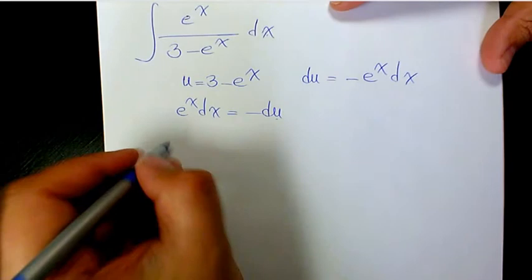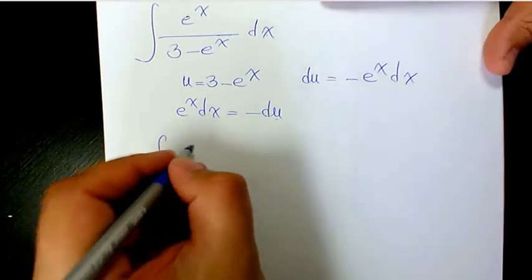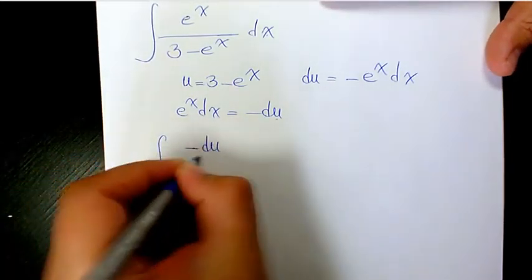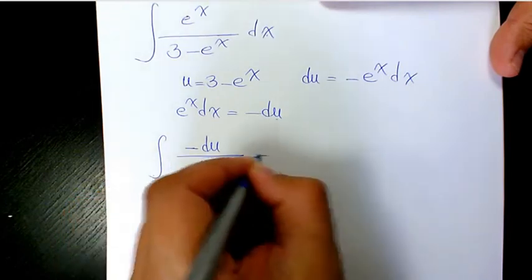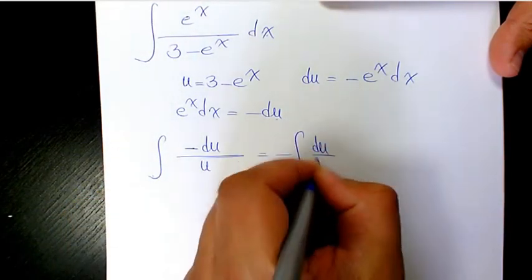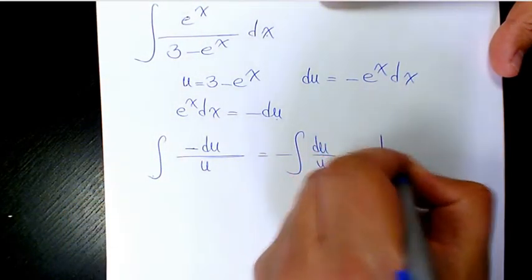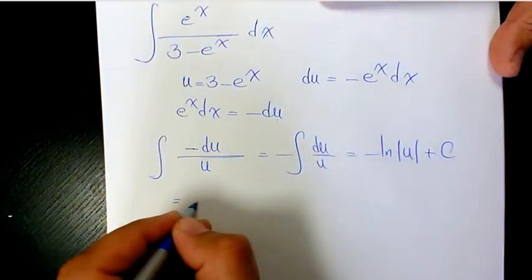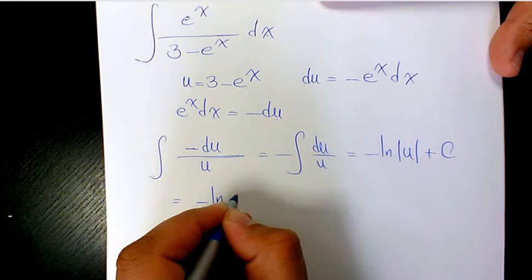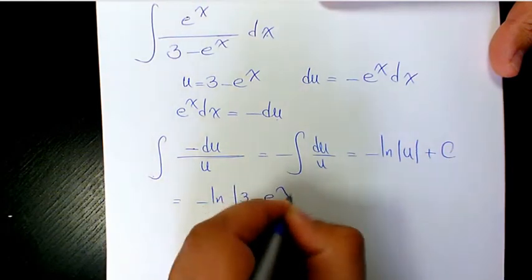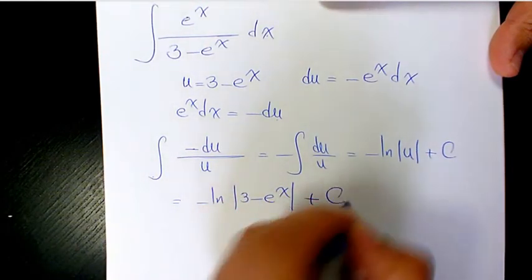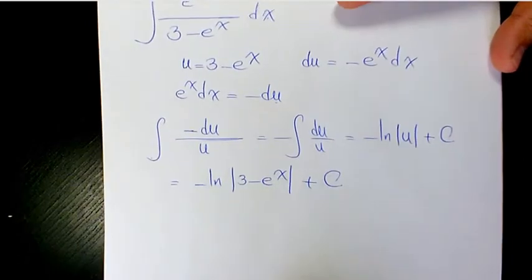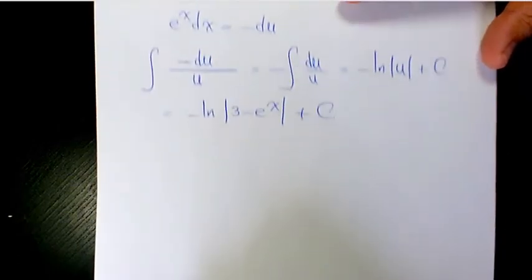So that's going to be negative du over u, which is going to be negative ln u plus c. So it's negative ln of 3 minus e to the power of x plus c. That's the final answer.